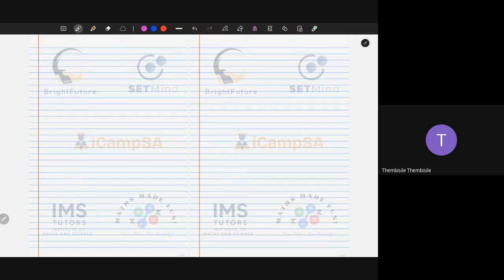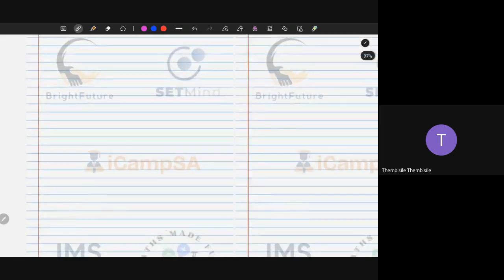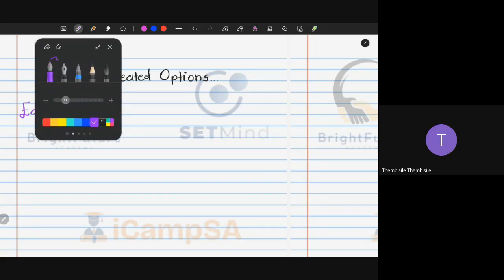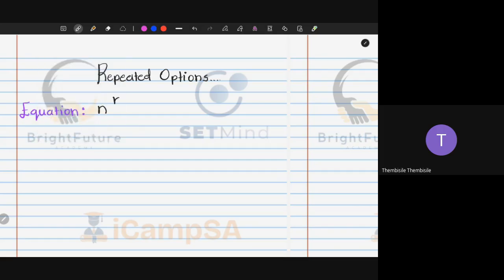So when we have repeated options, the equation that we can use that will allow us to calculate the repeated parts will be n to the power of r, where these have already been defined, guys.